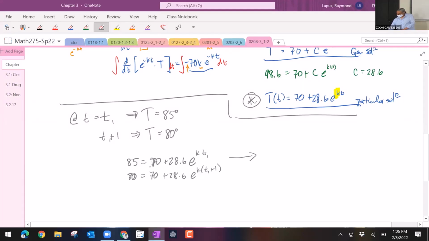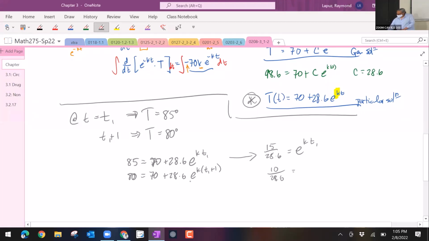So I'll subtract 70, so that's 15. 15 divided by 28.6 is going to be equal to e to the k times t1. And then I'll do the same thing here, except I'm subtracting it from 80. So 80 minus 70 is 10.